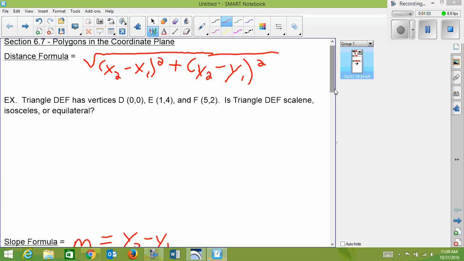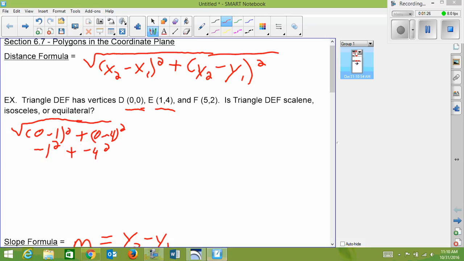So I'm going to do D and E first. Square root of 0 minus 1 squared plus 0 minus 4 squared. So that would be negative 1 squared plus negative 4 squared, so 1 plus 16. Square root of 17 for those two points.